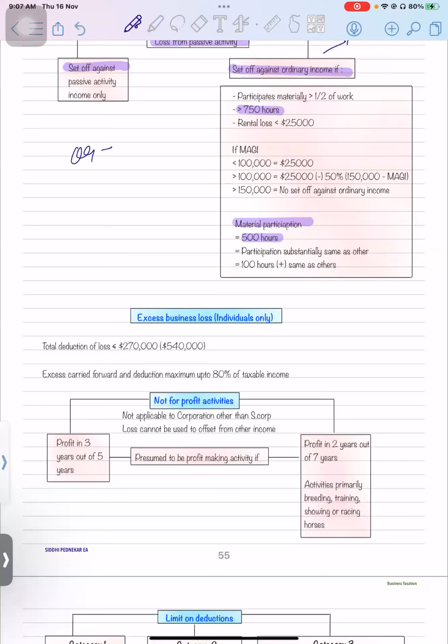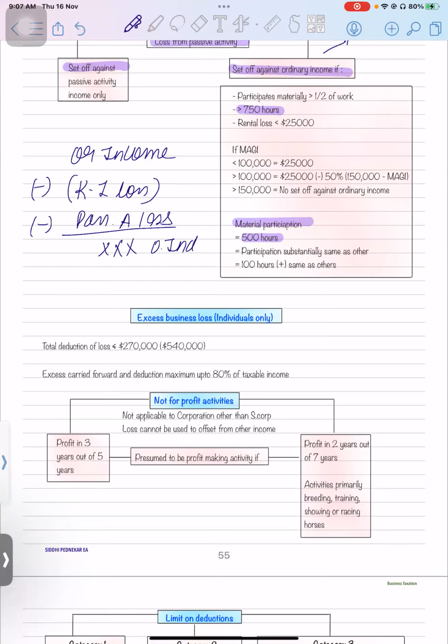Your ordinary income minus your K1 losses you have settled off, minus your passive active loss you have settled off. This remaining ordinary income, if any you have, you can set off the Schedule C loss.